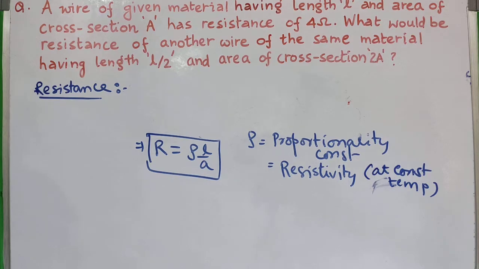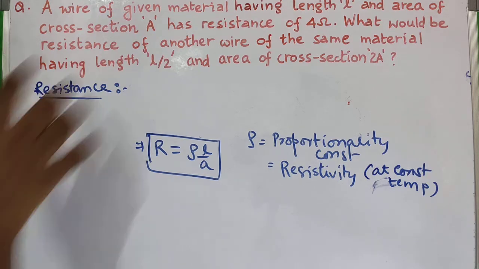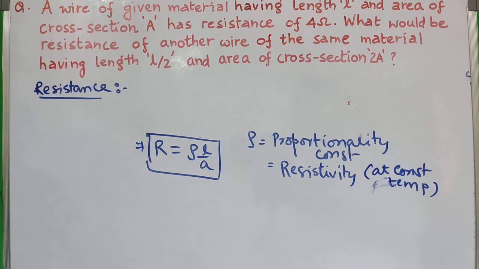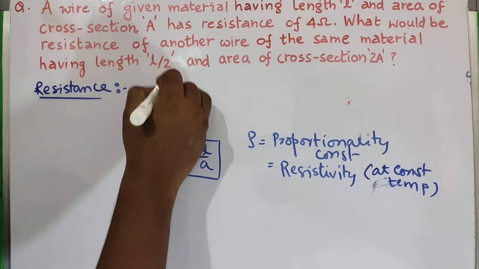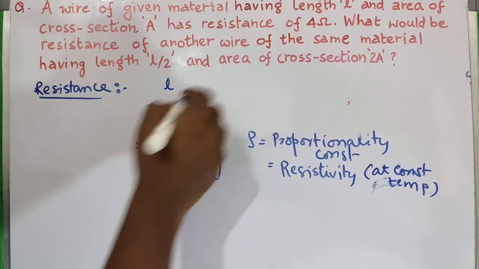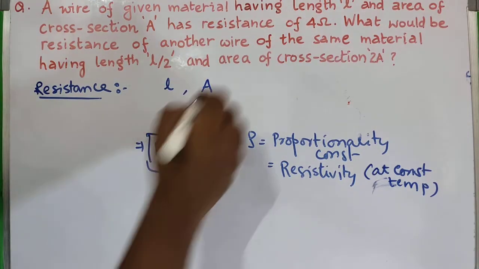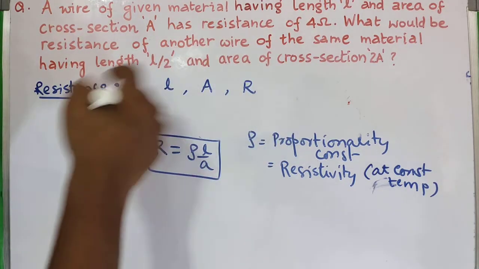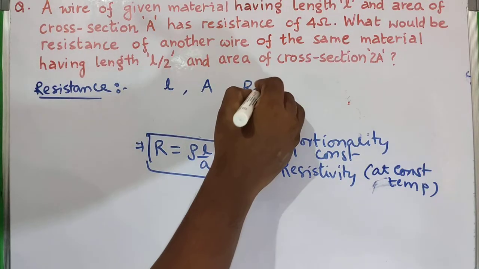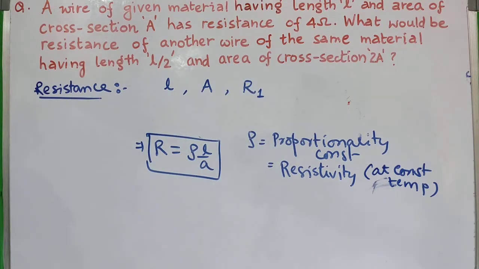So let me read the question again. A wire of given material having length L and area of cross section capital A has a resistance of 4 ohm. So in the first case, how much is the length? Length is L, and the area of cross section is capital A. And what is the resistance? Since it's the first case, let me call it R1, right?